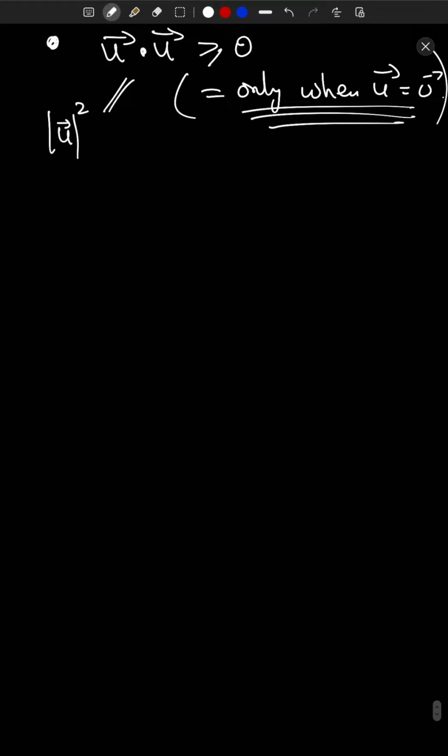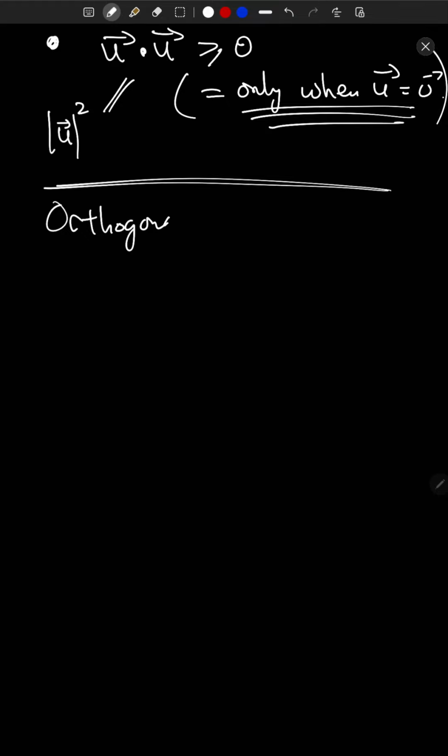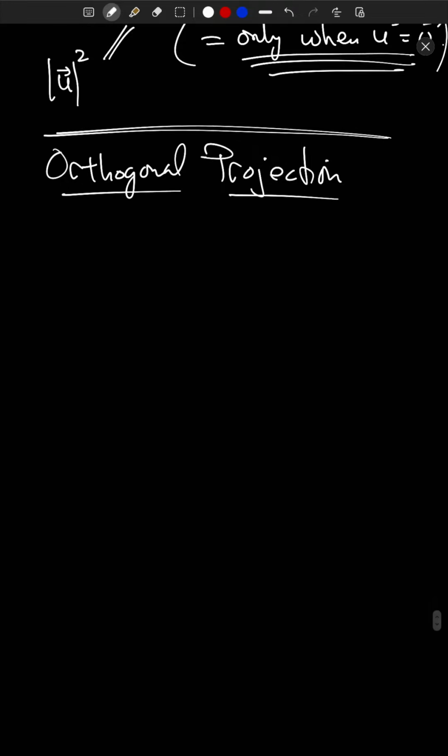Let's do an application, or kind of an application. Orthogonal projection. Mathematically, this concept is going to be super, super useful for our class.